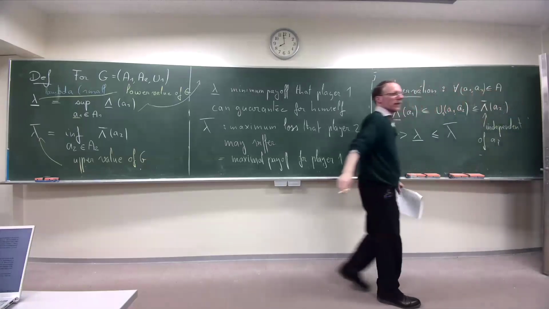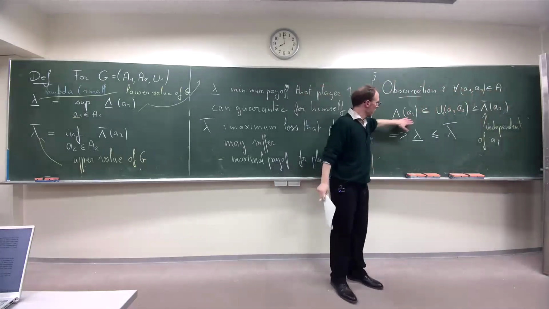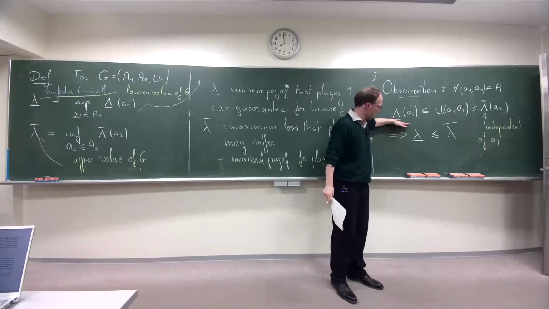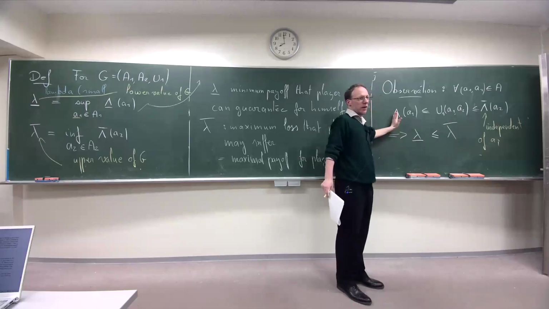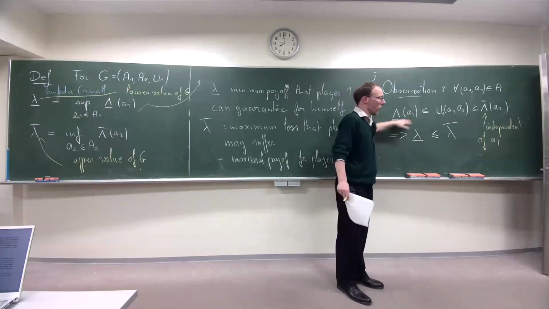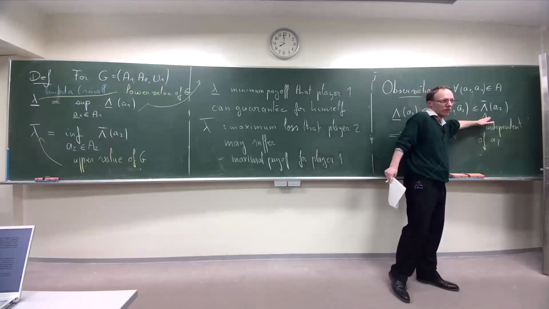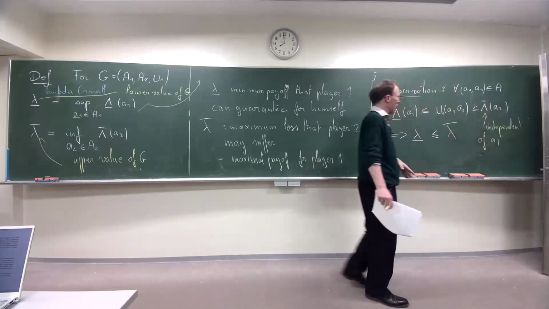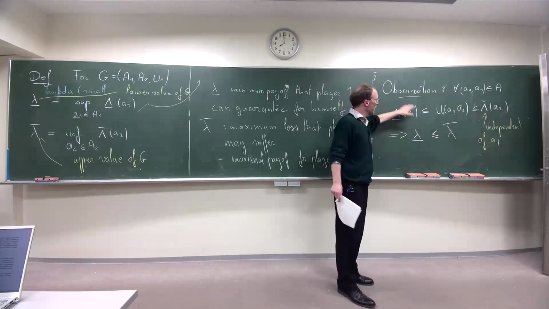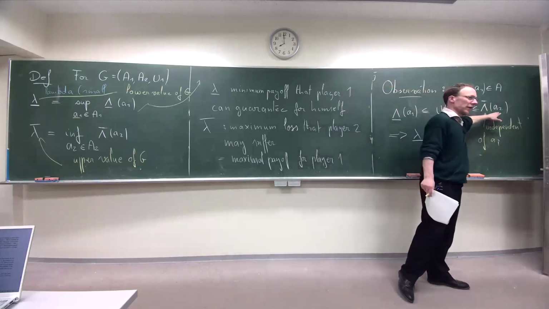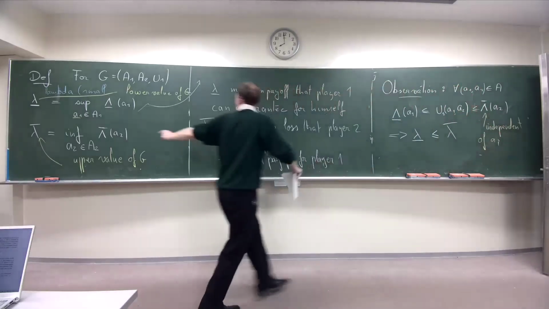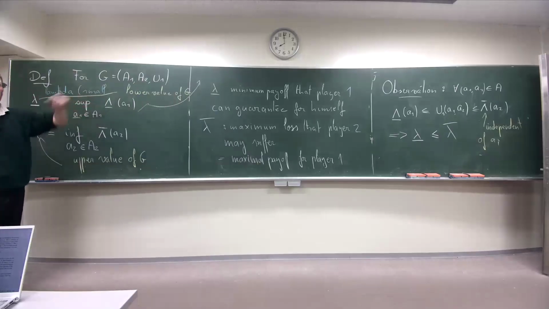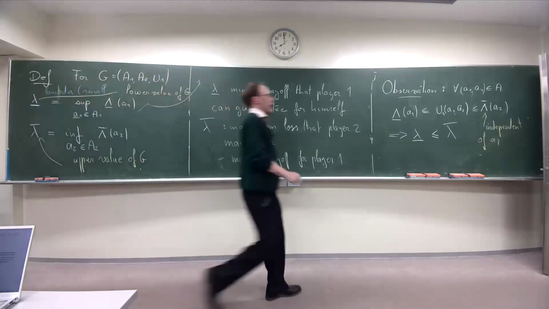There is no A1 here. So it means this, which depends on A1, is smaller than this one for all A1. So even the maximal one among all these is smaller than this one. It's a bit tricky, but please think about it. When you take all these values, they are smaller than this one, which is independent of A1. So even the supremum is smaller than the right-hand side. So we have this relation.